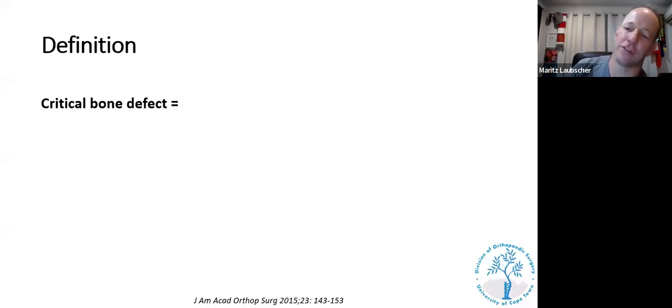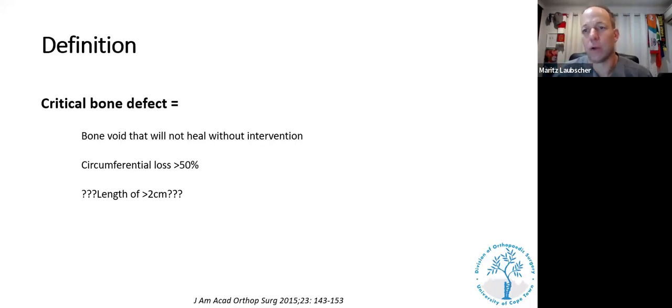There's various definitions used in the literature. You know, some sources use a defect of more than 2 centimeters, but you know, very seldom will something like that heal. You know, even smaller than that heals spontaneously. And critical bone defect, which should also include partial bone loss. You know, if you have a tibia fracture with loss of cortical bone and you just have sort of 2 spikes balancing on one another, except for in pediatric cases, it's extremely rare that would heal.